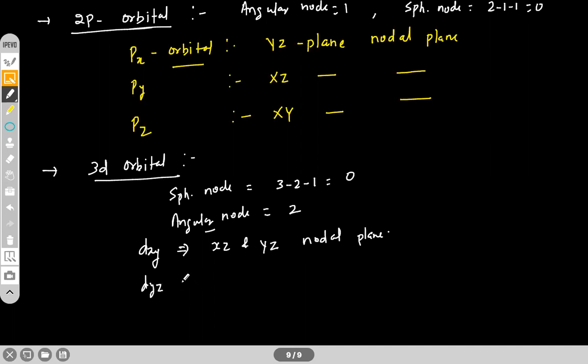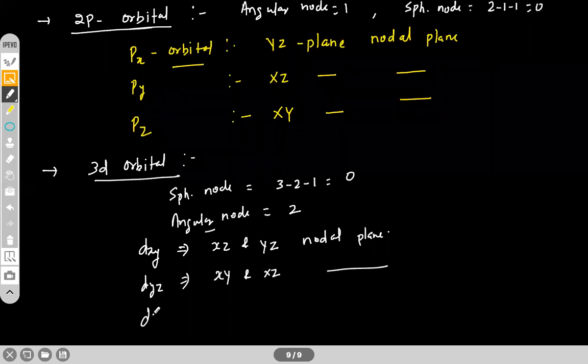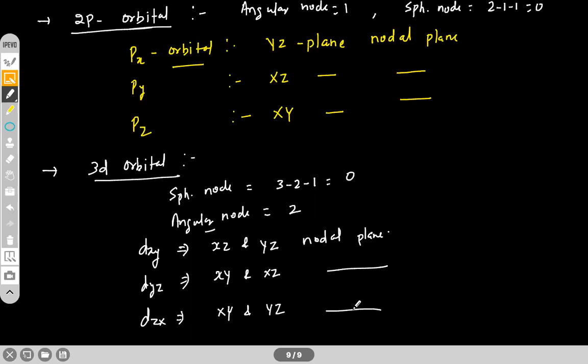Could you tell me what the nodal planes are for the dyz orbital? For dyz, the xy plane and the xz plane are the nodal planes. Similarly, for dzx, the xy plane and the yz plane are the nodal planes.